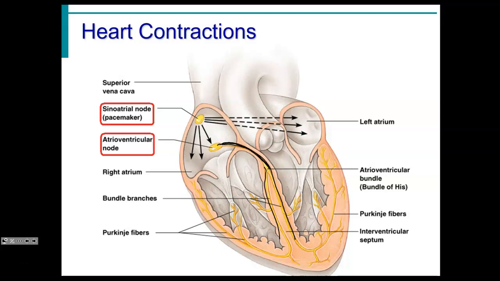Those eventually become what's called Purkinje fibers, and those supply nerve impulses out to the right and left myocardium on both sides. Okay, so that's the conduction system, which is the nervous system of the heart, which we talked about last chapter.